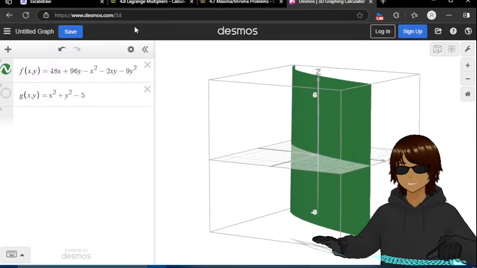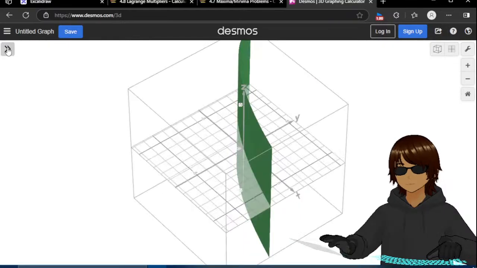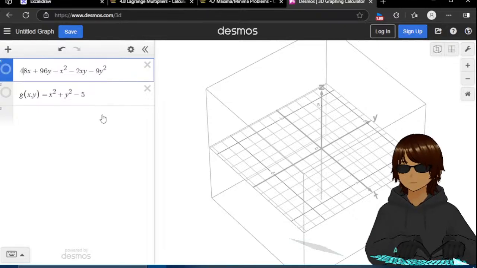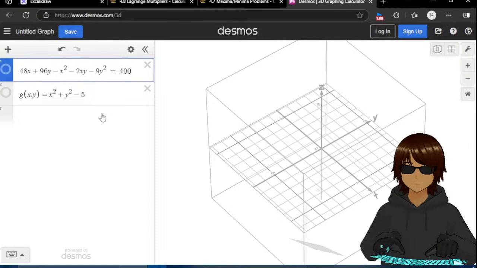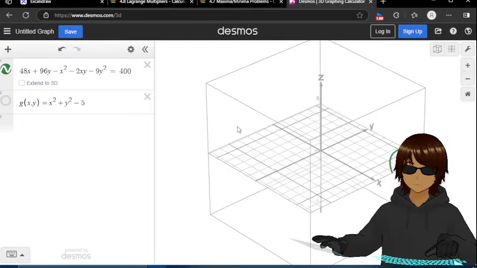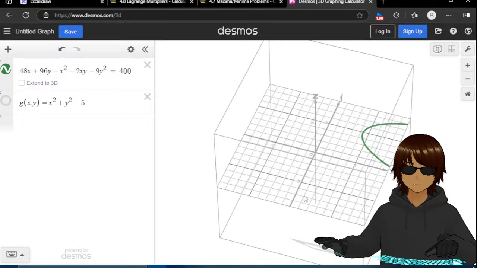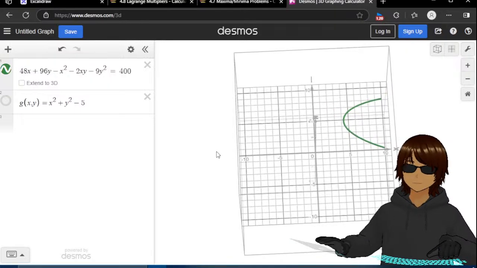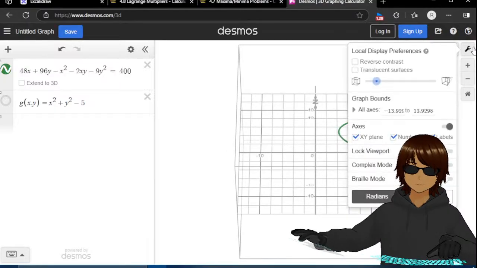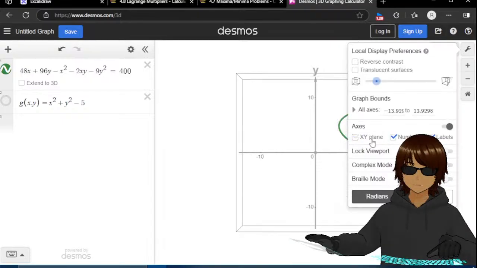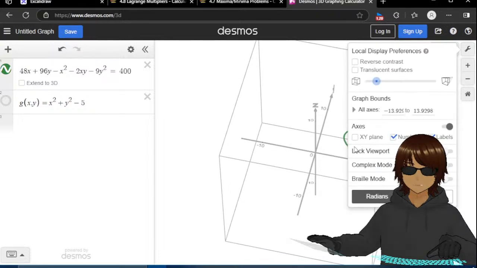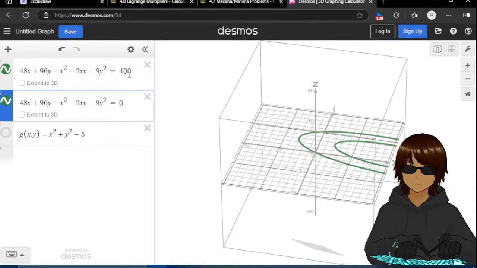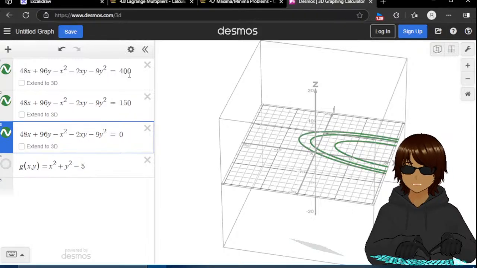How do I see only the intersection? How do I go left and right?